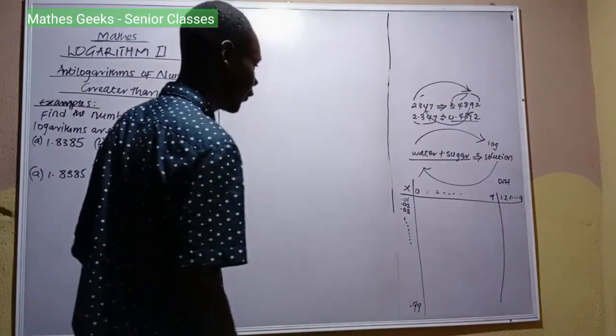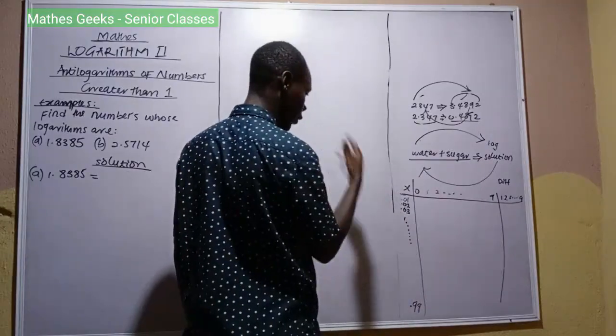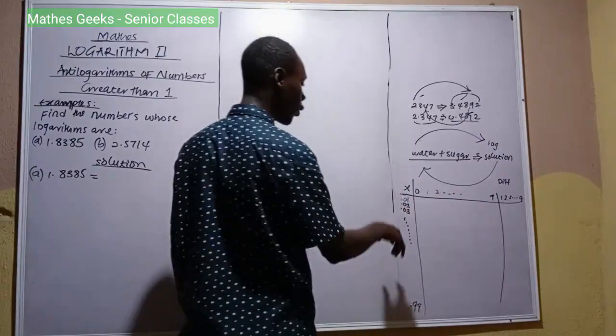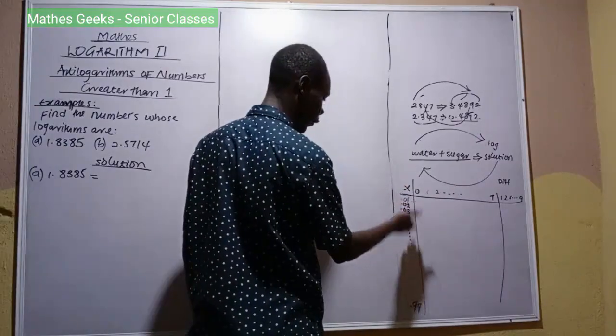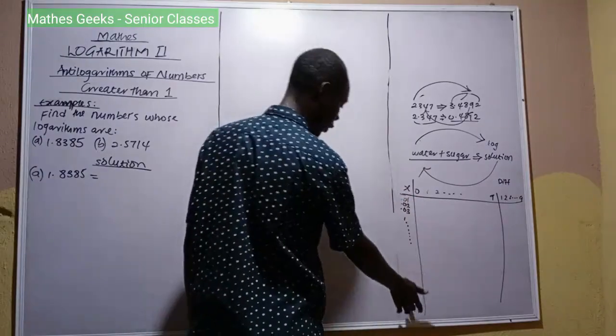So that's the difference. For logarithm, it is the first two whole numbers. For anti-log, it is the first two decimal fractional numbers, which is 0.01, 0.02, 0.03 to 0.99.